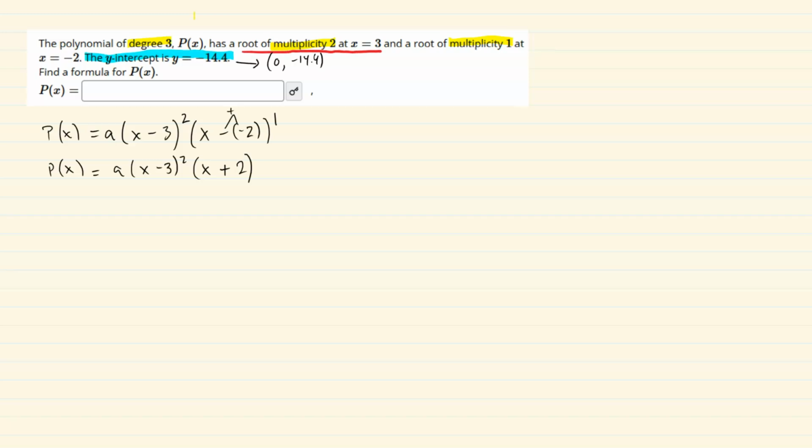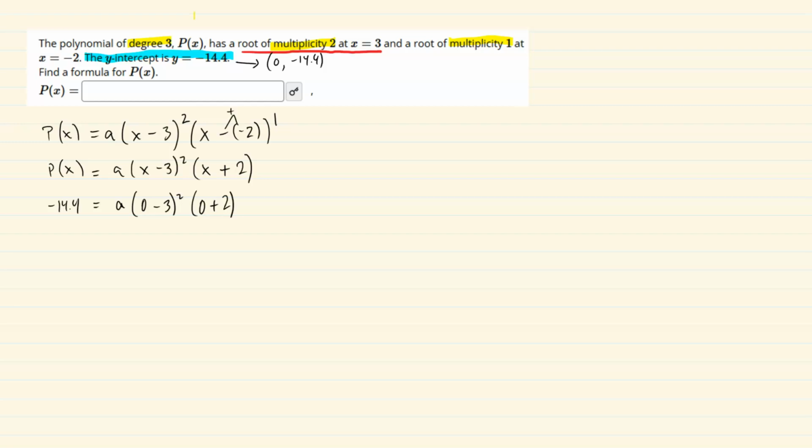So we can plug in the values for x and y and solve for a. So we would have y, which is p of x, negative 14.4 equals a times (0 minus 3) squared times (0 plus 2).